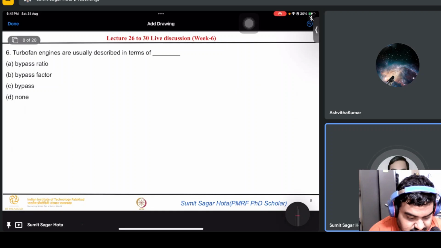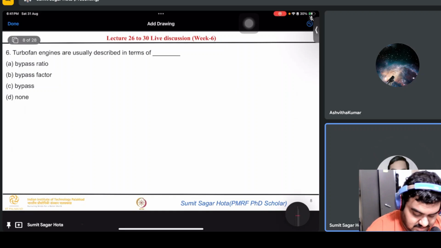Bypass factor is always used in the study of RAC, refrigeration and air conditioning. In thermodynamics we studied this bypass factor. Okay, and just a brief overview of bypass factor I will give.